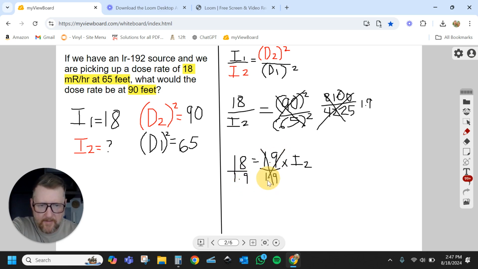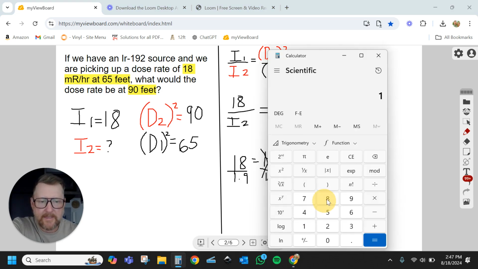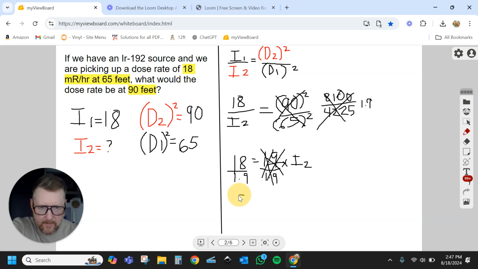So these cancel each other out, and that leaves 18 divided by 1.9, which is going to be 9.5, just to make it simple. So now we've got I2 by itself equals 9.5. We know that I2 is intensity, so the answer is going to be 9.5 MR per hour.